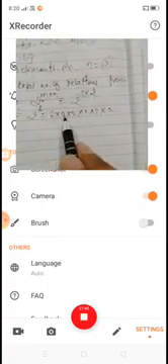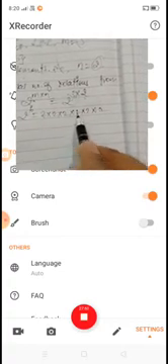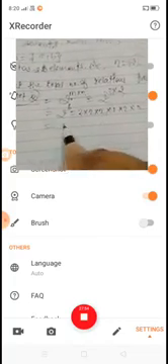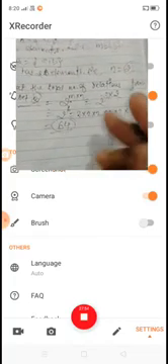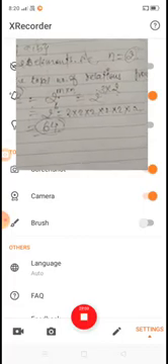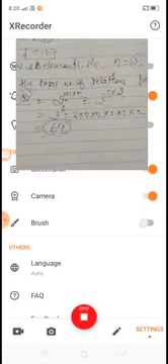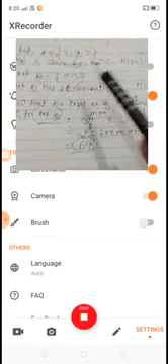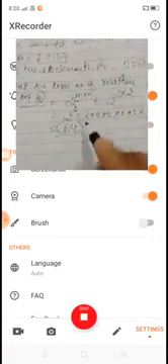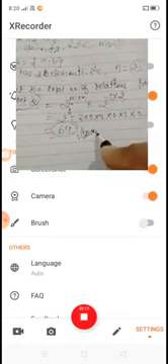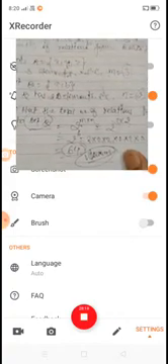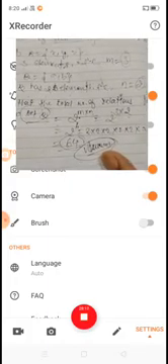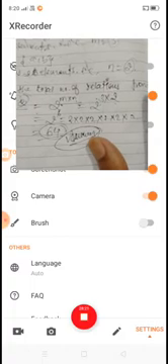We get 2, 4, 8, 16, 32, 64. So we write 64. Hence we can say that the total number of relations from A into B is 64.